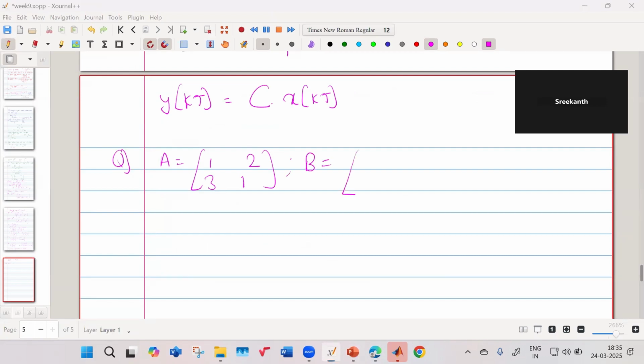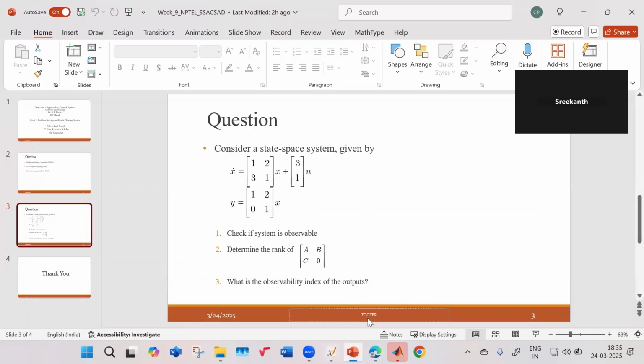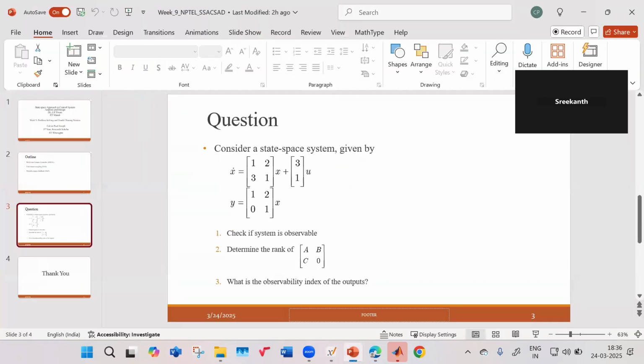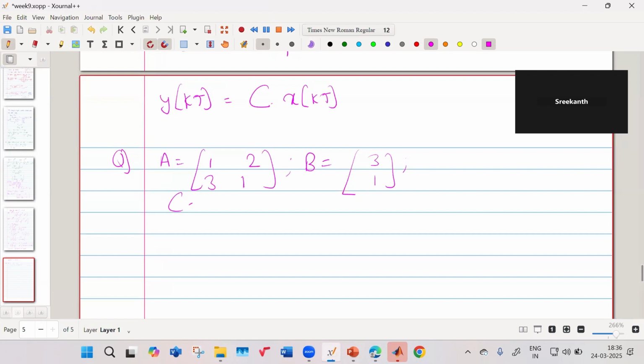B is equal to 3, 1, 3, 1. And what is our C? C is 1, 2, 0, 1. So our C in this case is 1, 2, 0, 1, which is kind of like a C1 and a C2. So this is our C matrix.